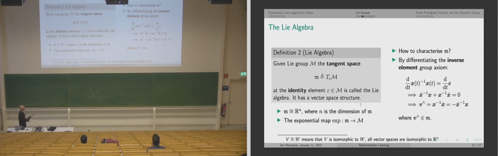One of them is that there's an inverse element to each of the elements of the group, and the product is equal to the identity. Now, if we time differentiate that constraint and apply the product rule, we get that. And then by rearranging the terms, we get that.